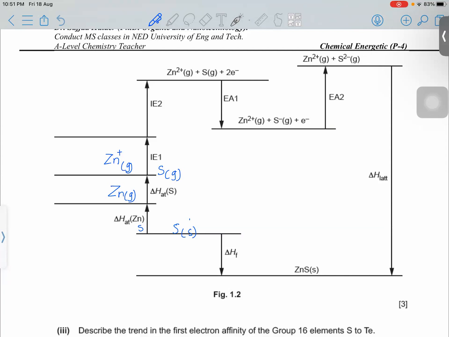Can you find any more mistakes in it? Sulfur will be in the gaseous state, right? Yes, here sulfur is in gaseous state.